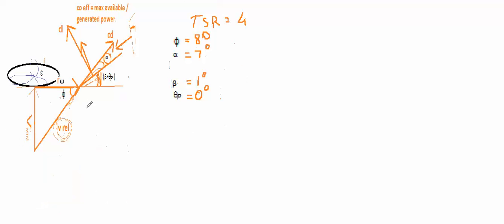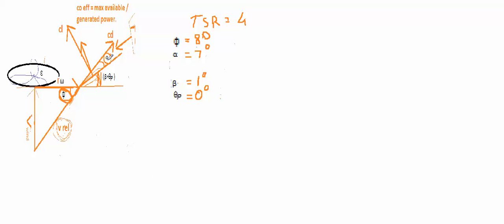So this angle phi has to increase, isn't it? Because the magnitude of this vector r omega, the linear velocity, has decreased compared to the magnitude of the velocity vector of the wind. So naturally phi has to increase. Now as phi increases, remember we want our alpha to be 7 degrees.